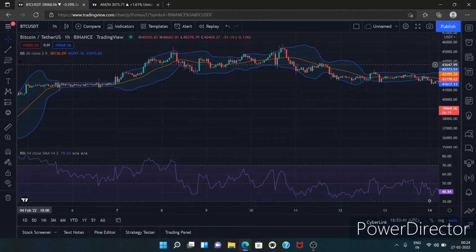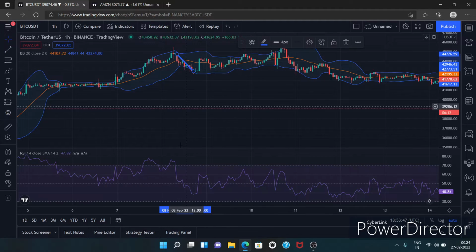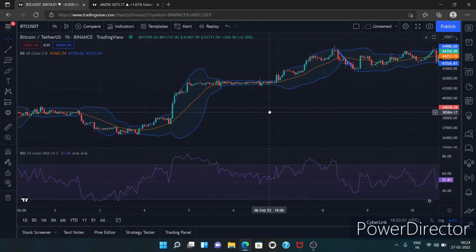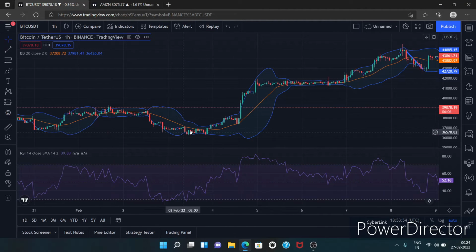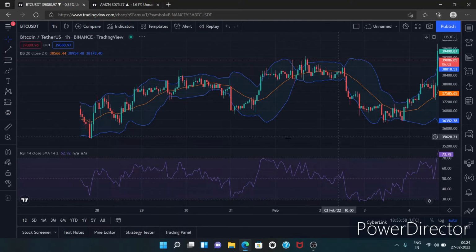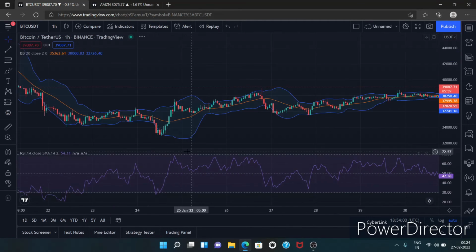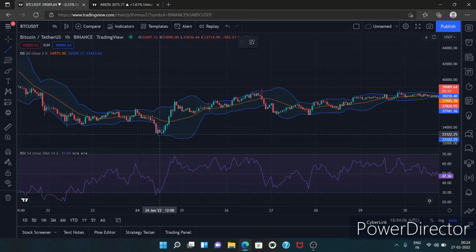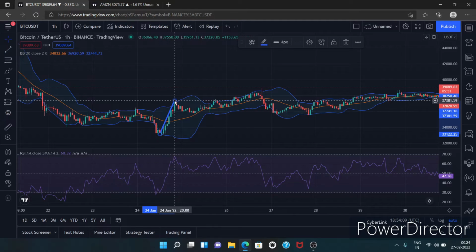This point over here touched the level, produced a down move. So this point over here, in the oversold region near the support, up move.